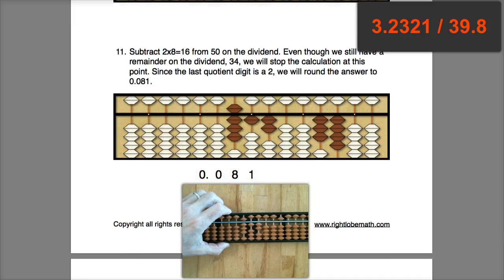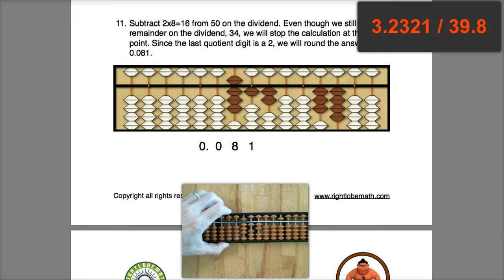Okay, and then we have 2 times 8, which is 16, that we will subtract from the 50 that is on the soroban. So subtracting the 16, we have this remainder of the dividend.